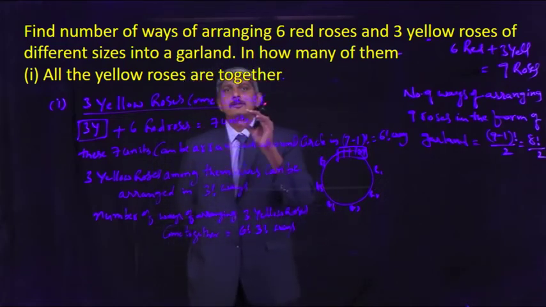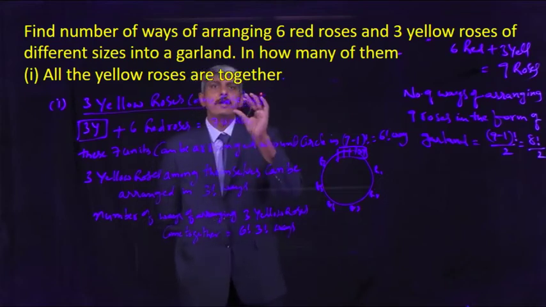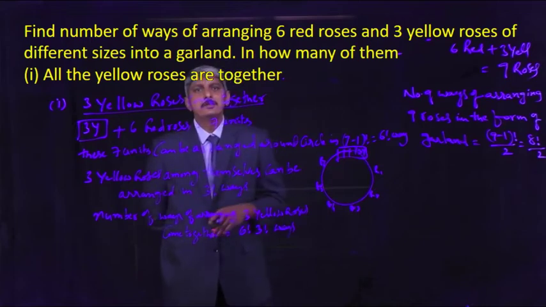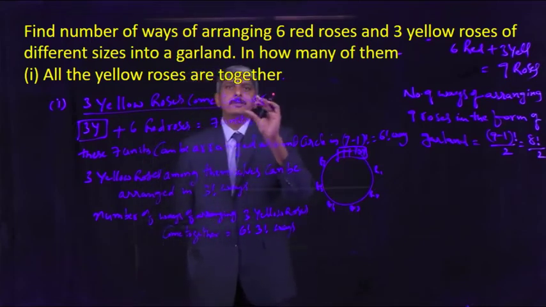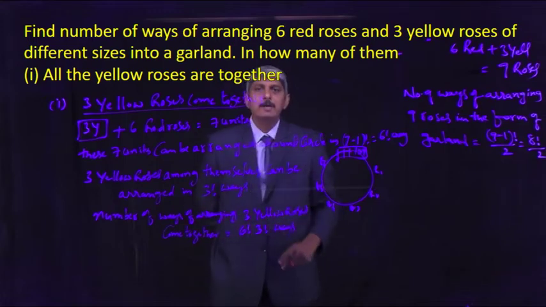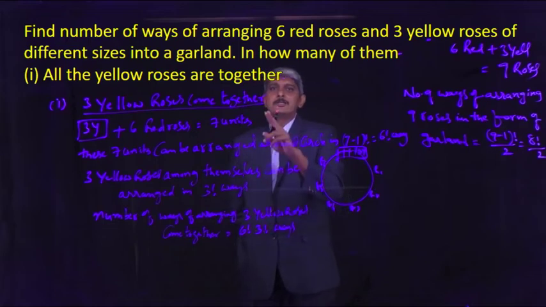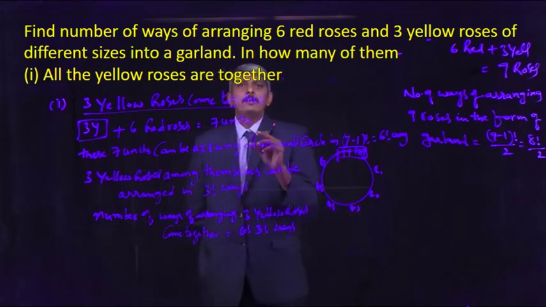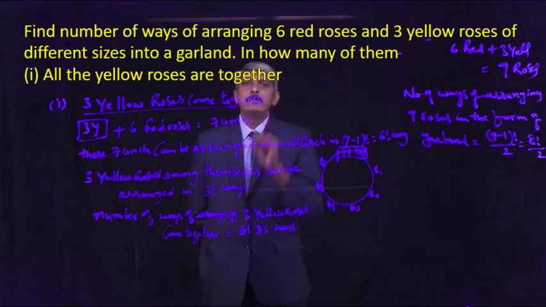These types of circular permutations are called hanging type arrangements. In hanging type arrangements, the number of circular permutations is n minus 1 factorial divided by 2. So here the number of circular permutations is 6 factorial into 3 factorial, but this is a garland, which is nothing but a hanging type arrangement.